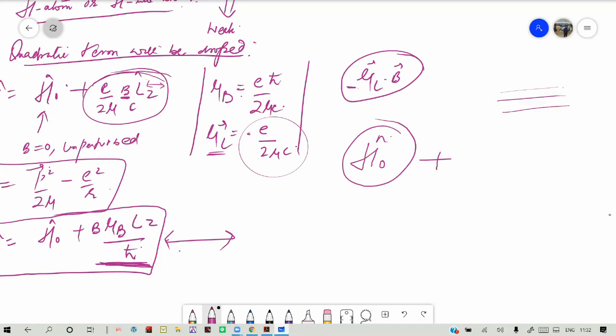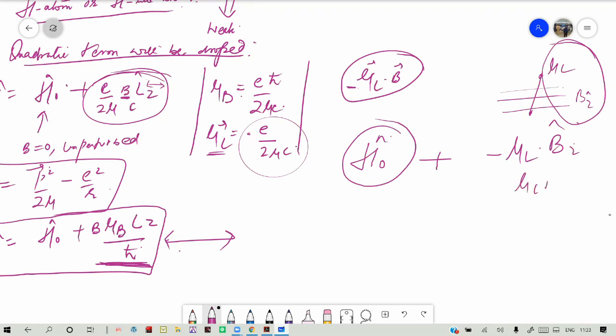For example, if this is Bz here, and you have a dipole moment mu L, then what is the interaction energy, the total energy of the system? That is equal to minus mu L dot B. This mu L is also in the Z direction, but in the opposite direction.